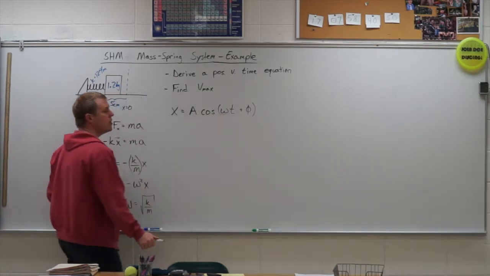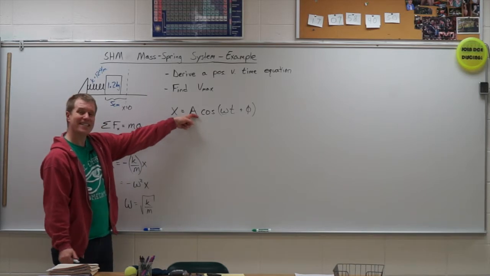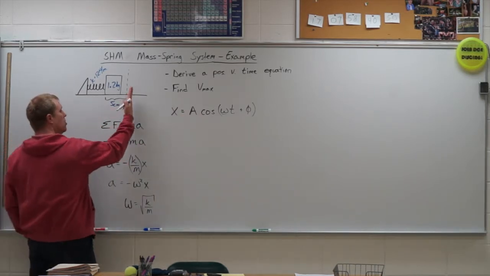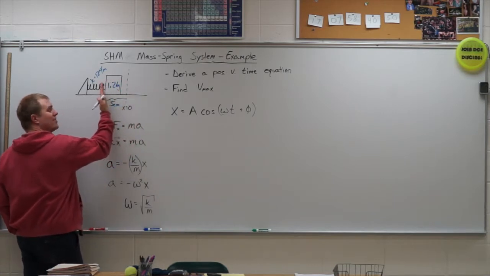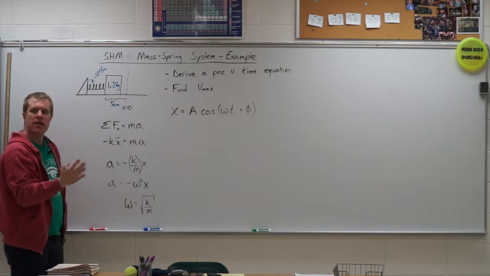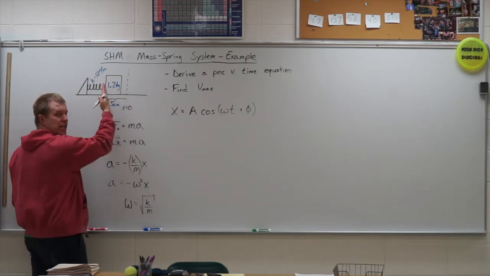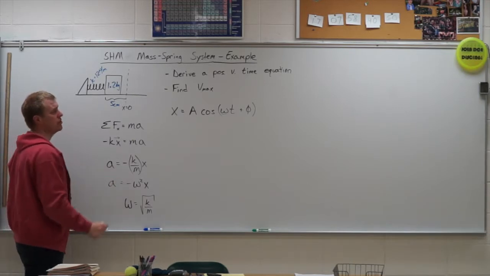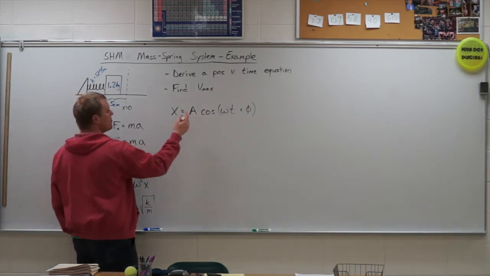Now I need to also find out what the amplitude is. What's the maximum displacement? If I displace it 5 centimeters and release it, it's never going to go further than that. I've put in a certain amount of energy, and it's not going to gain or lose any energy on this frictionless surface. So my amplitude is 5 centimeters.